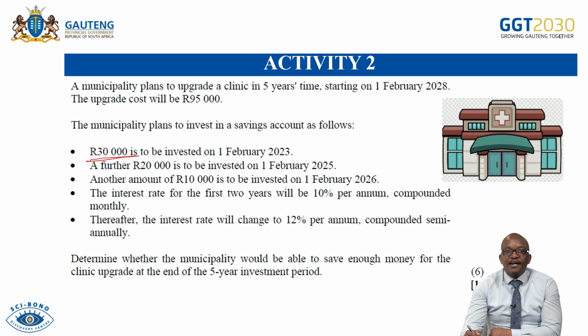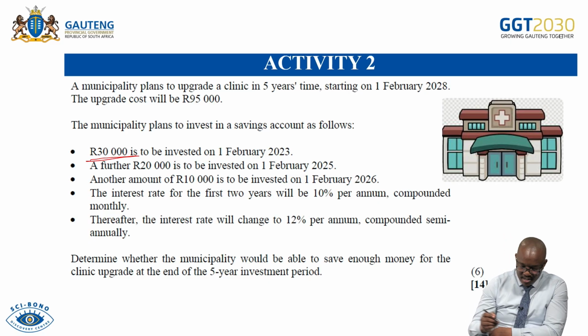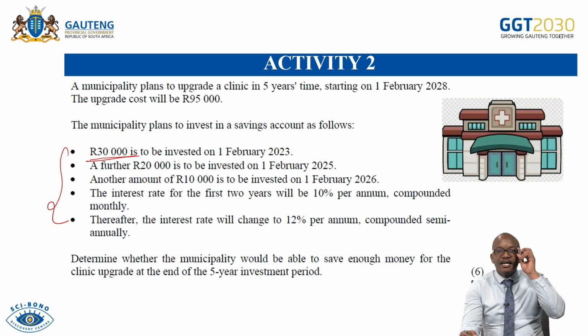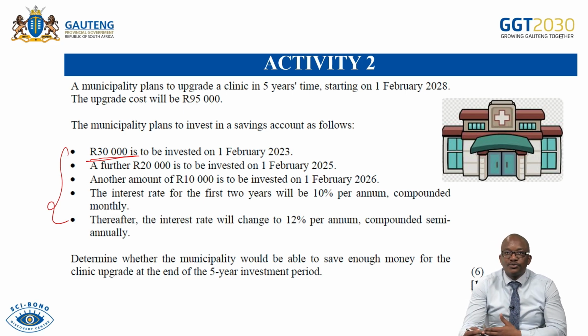Thereafter, the interest rate will change to 12% per annum compounded semi-annually. So you can see that this information just needs you to draw a number line and analyze it from there.